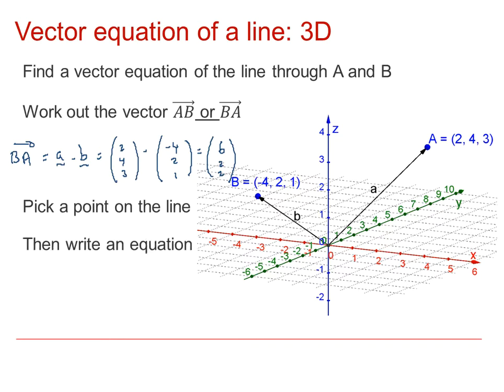So in this particular case, let's pick A as being our point, so that we have r is equal to the vector for A, 2, 4, 3, and then lambda times our direction vector, 6, 2 and 2.